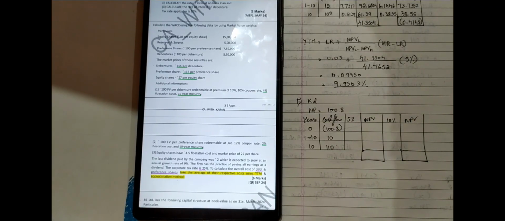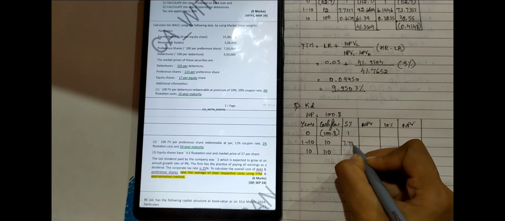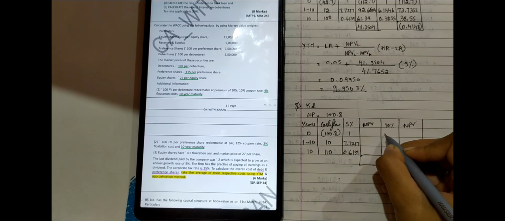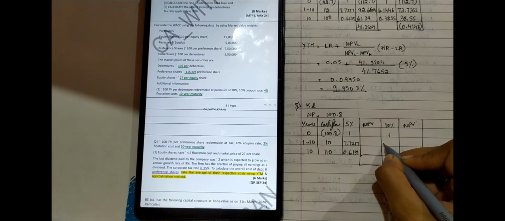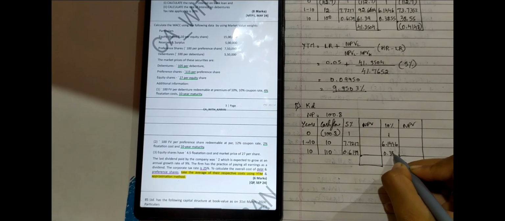And the same we have calculated above. It is 1, 7.7217, 0.6139, and the same again for 10%: 1, 6.1446 and 0.3855. So what is the net present value?